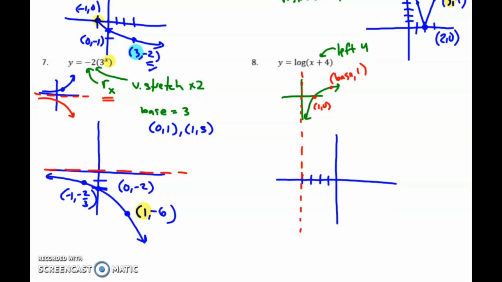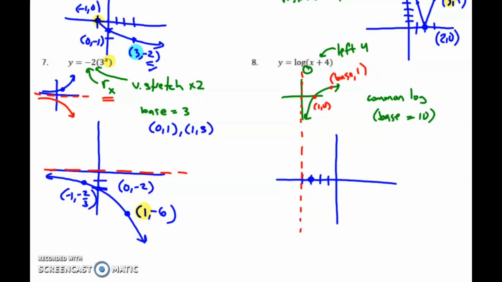So if you think of the pattern, again, it's about a pattern. It's 1, 0. So if I shift that point left 4, that would be this point here. My base is 10. That's the other thing I forgot to mention. If you don't see a number down there, if you remember, it's called a common log. And that simply means the base equals 10.